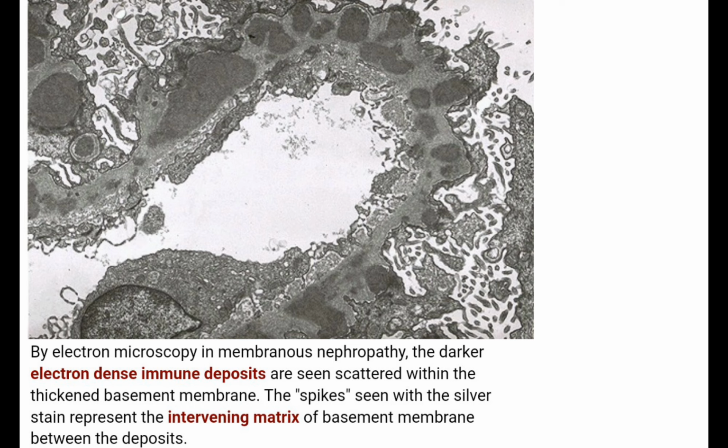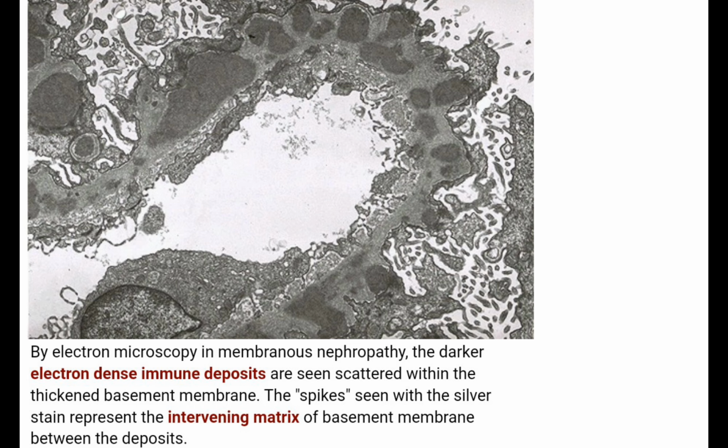Then this is electron microscopy. In the electron microscopy, the darker electron dense immune deposits are seen scattered within the thickened basement membrane. These spikes seen with the silver stain represent the intervening matrix between the deposits.